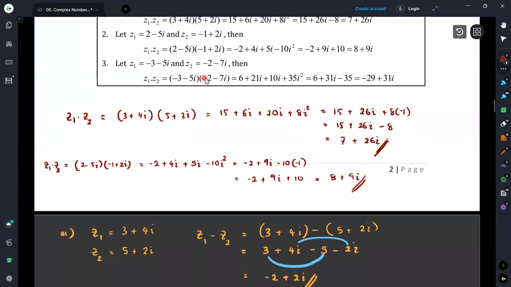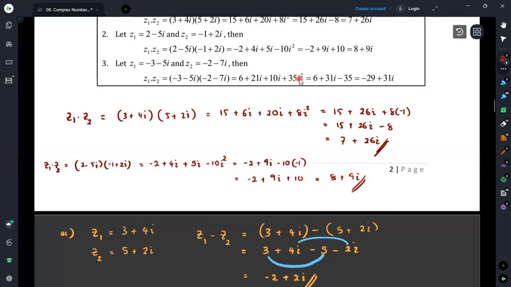Once we multiply the quantities accordingly, we get minus 3 into minus 2, which is plus 6, then plus 21i plus 10i. Then we get the multiplication of minus 5i with minus 7i, altogether plus 35 i squared.